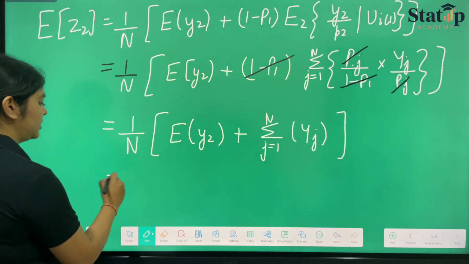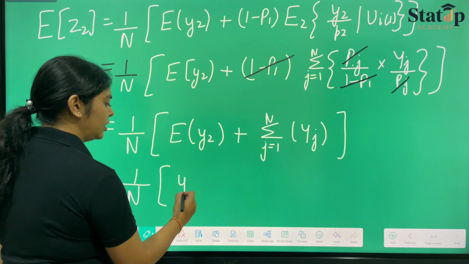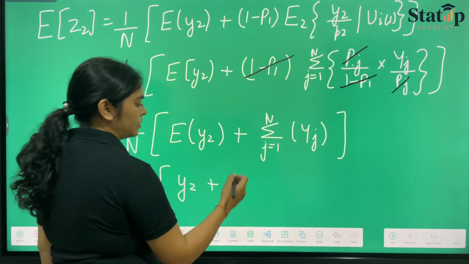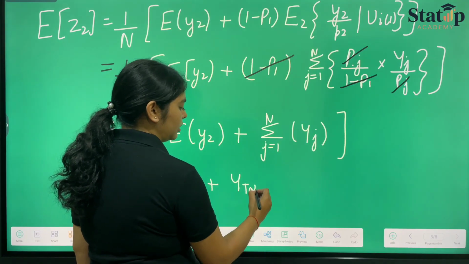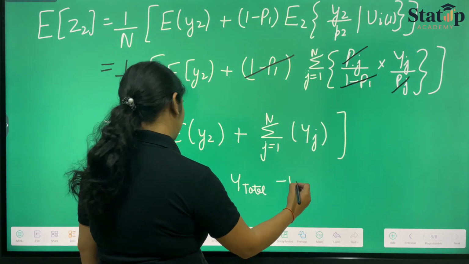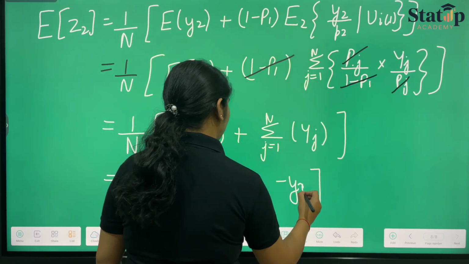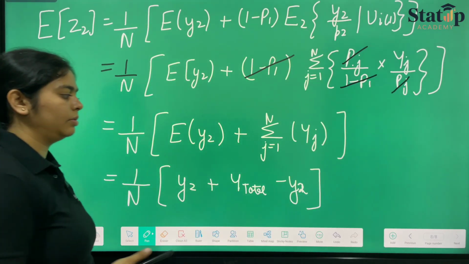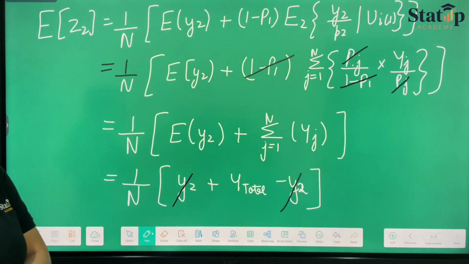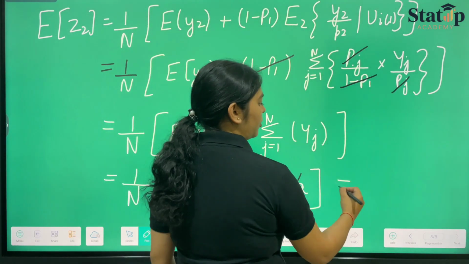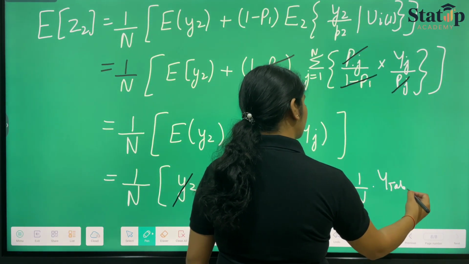So this can be written as 1 upon n, y2 plus this summation of yj, which can be written as y total minus y1 minus y2, which has already been selected. So this y2 and y2 cancel, and we are left with 1 upon n into y total.